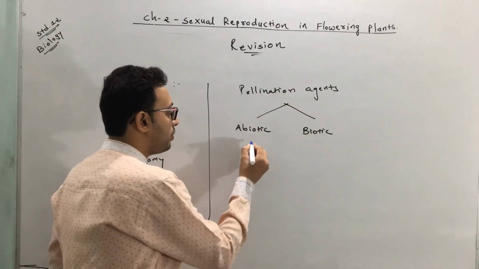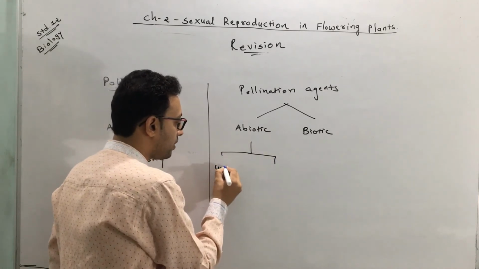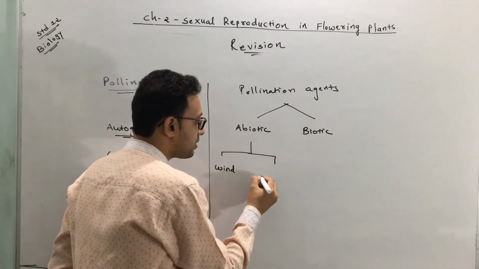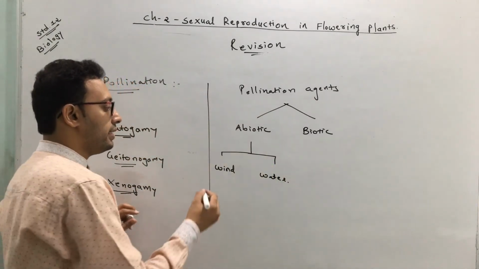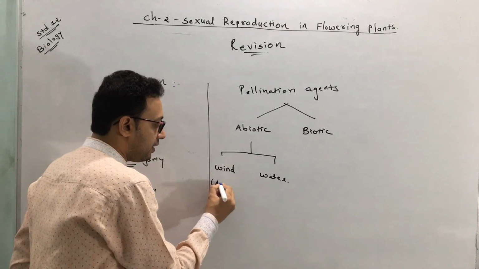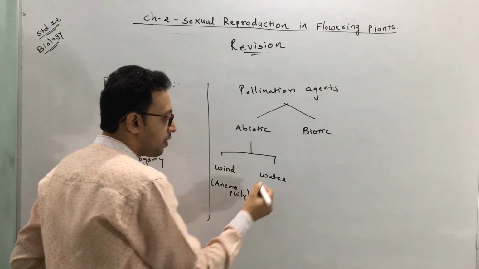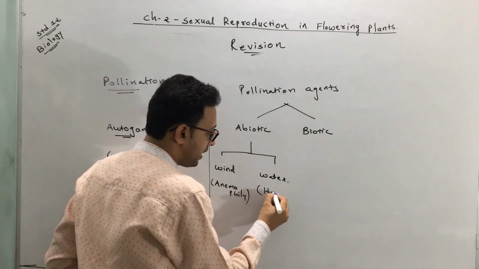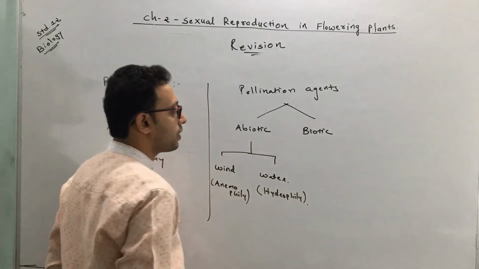Which are the abiotic pollination agents? Usually there are two. One is wind or air, and the second one is water. Pollination by wind is called anemophily. Pollination by water is called hydrophily.